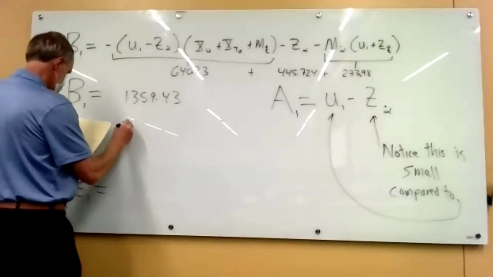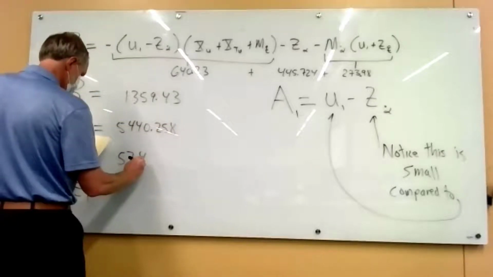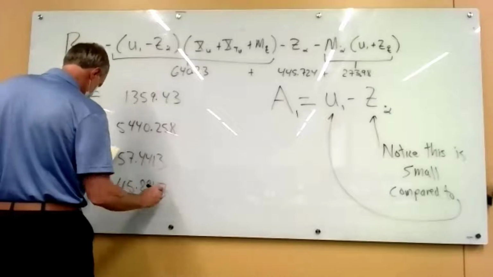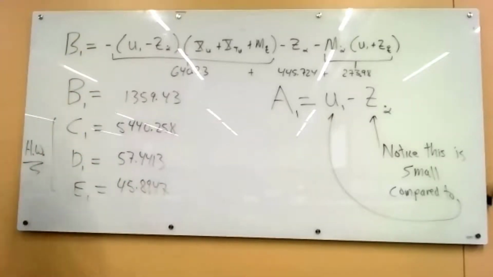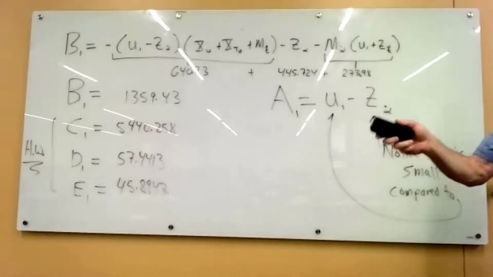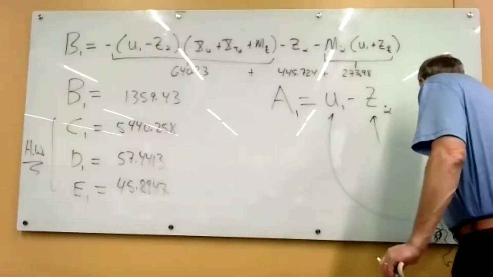So I'm just going to give you the numbers. So that means that the characteristic polynomial, which is the denominator of those transfer functions and gives us the roots that we need to look at, has these coefficients.